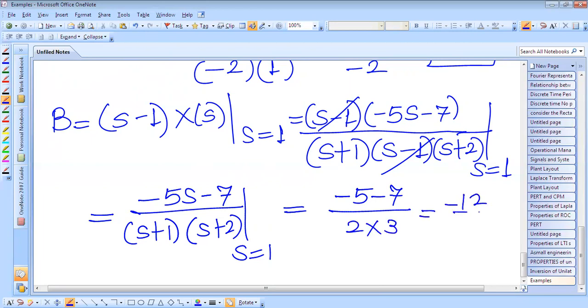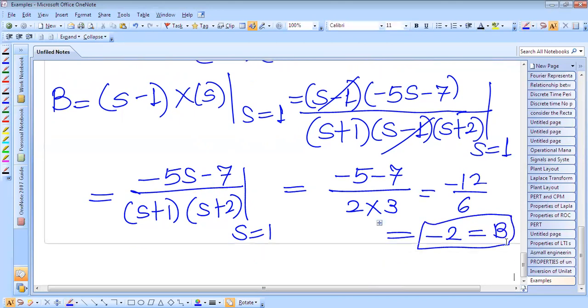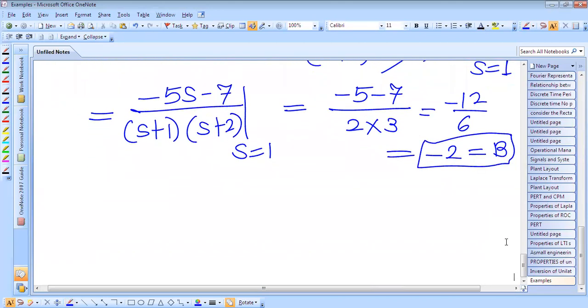So minus 12 by 6, the value is coming minus 2. So this is the value of B. Okay, B is minus 2.